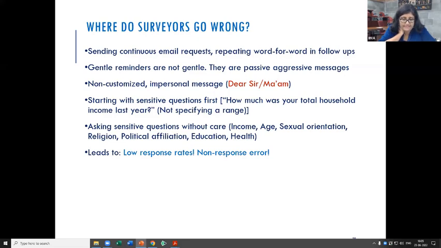So instead of sticking to sir and ma'am, which is not gender neutral, dear faculty is a gender neutral term. It could be a male faculty, it could be a female faculty. So keep your salutation gender neutral. Do not start with a sensitive question like how much was your household income last year? That should not be your first question. What all these lead to are low response rates and also non-response error.